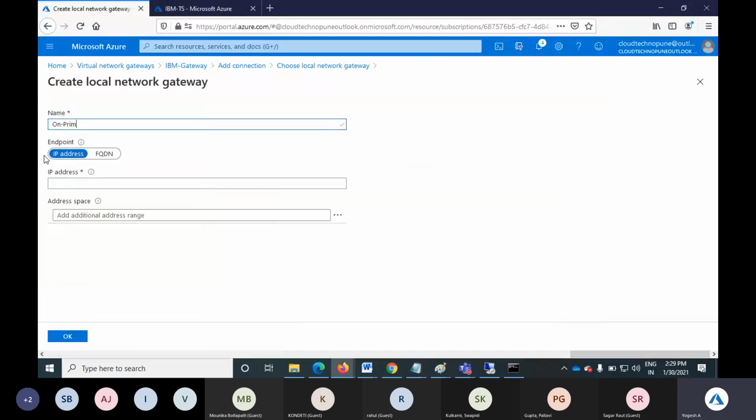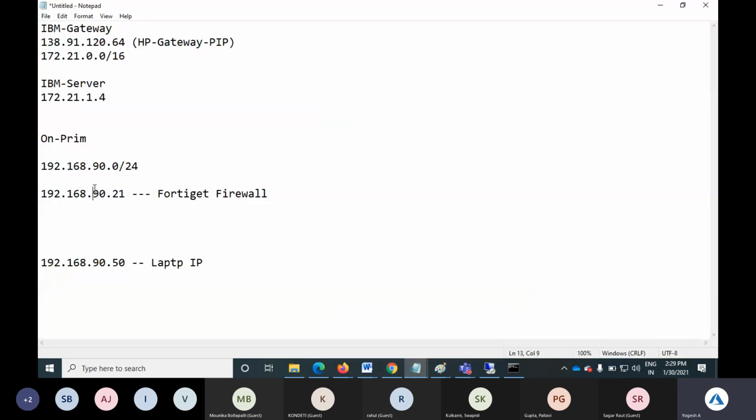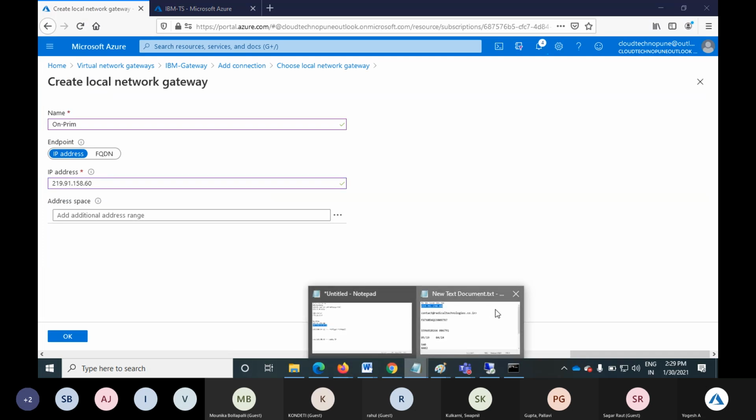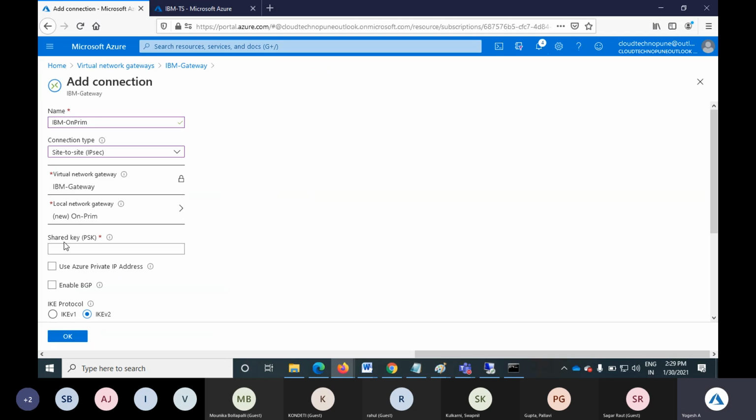Public IP of my on-premises, and which range I'm using into the on-premises. I'm using 192 range, right? This is the range. Okay. Say okay.